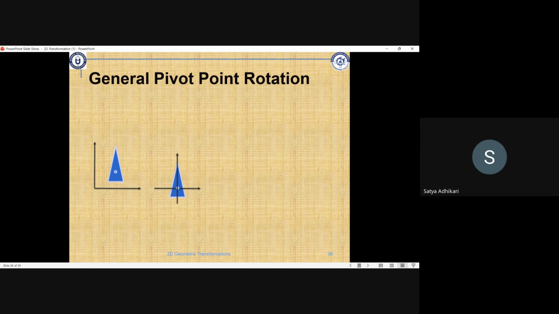So we have done the first step. First step is simply to translate that point to the origin. I have done that.